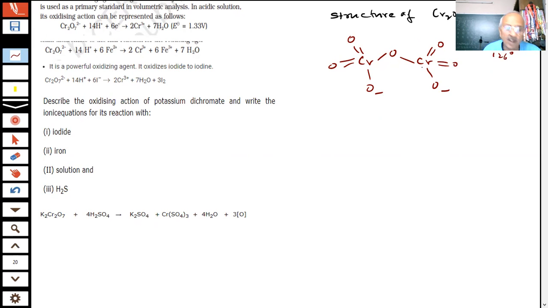There are two tetrahedral units which are joined together, and there is an oxygen linkage between the two Cr groups, students. And the chromium oxygen bonds are 163 picometer.